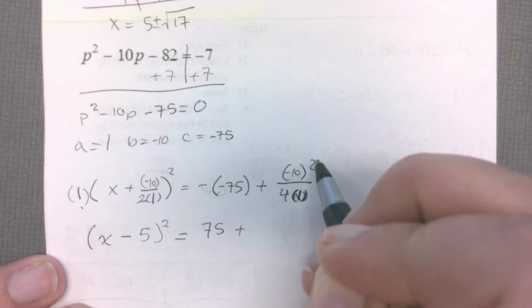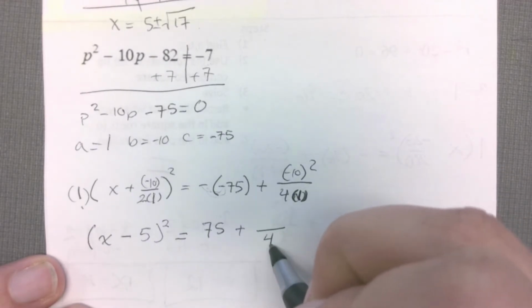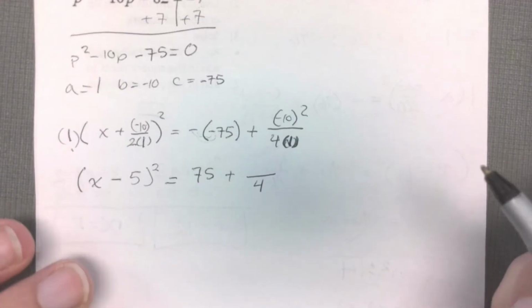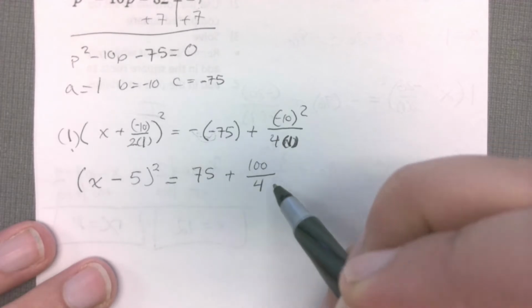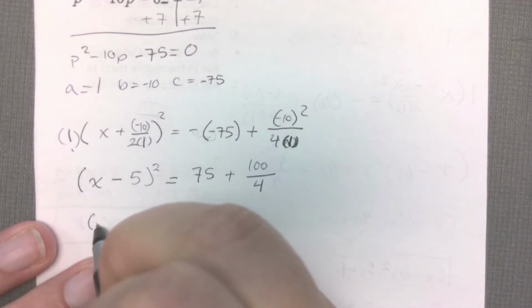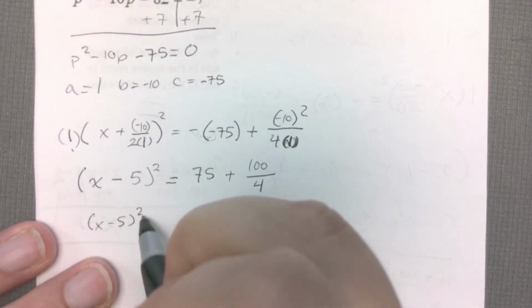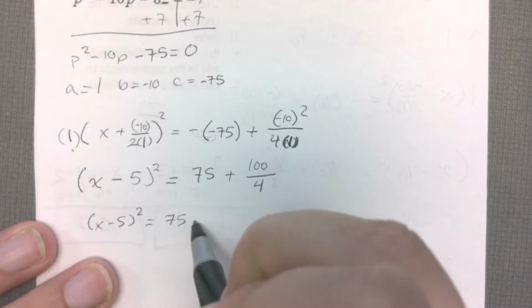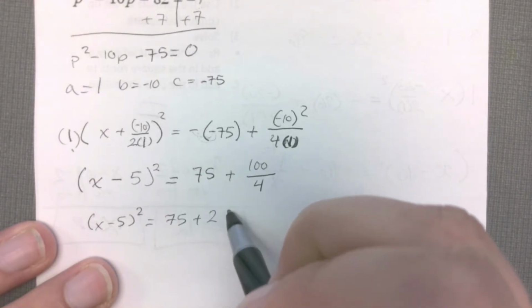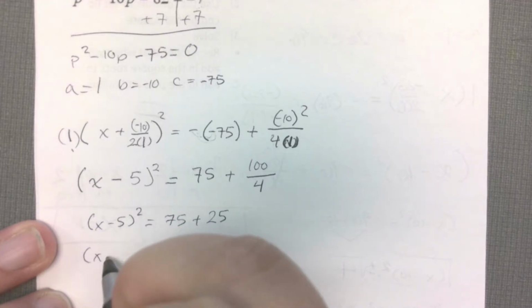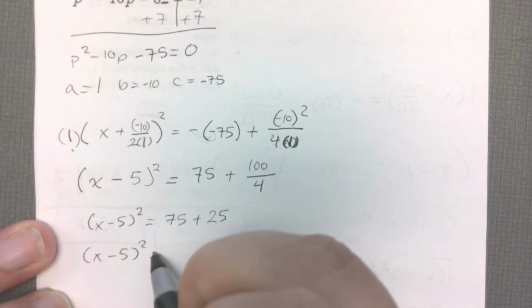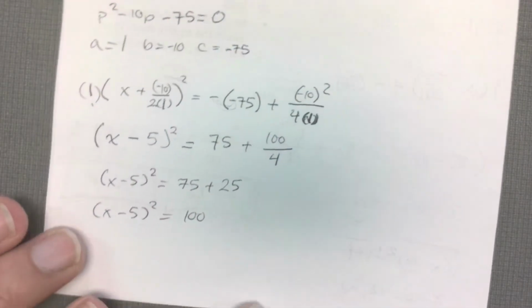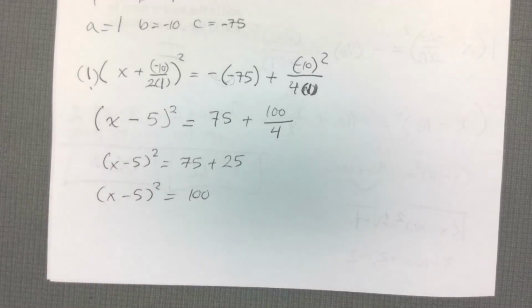What's negative 10 squared? 100. What's 100 divided by 4? Good. What's 25 plus 75? 100. Dramatically pause and let you catch up.